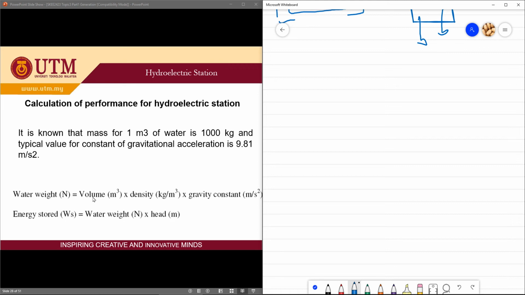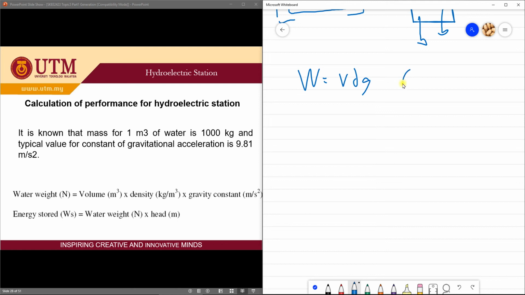The important formula here is the water weight equals volume multiplied by the density multiplied by the gravitational constant. So the first formula is weight equals volume multiplied by density multiplied by gravity. Weight equals VdG.